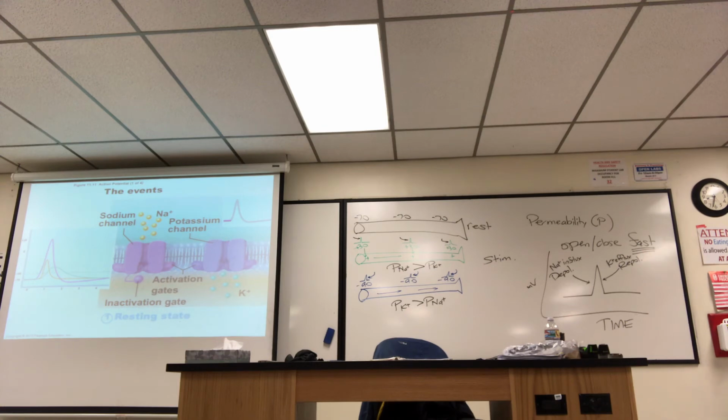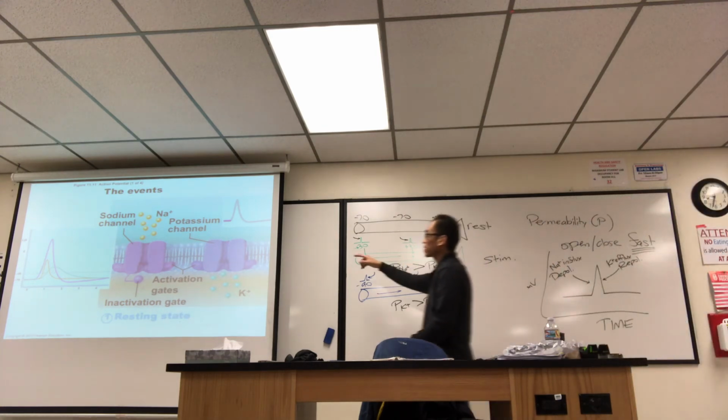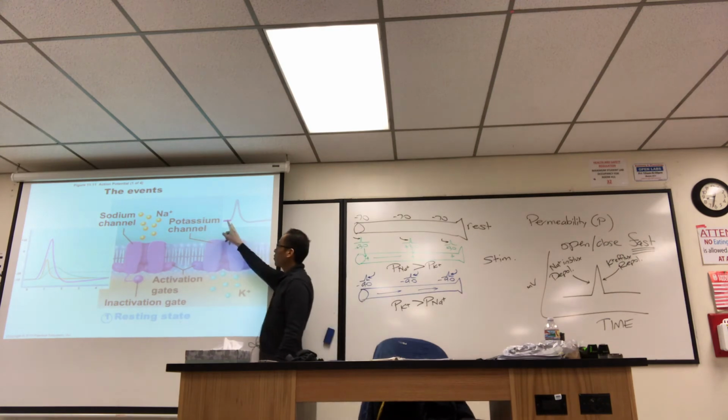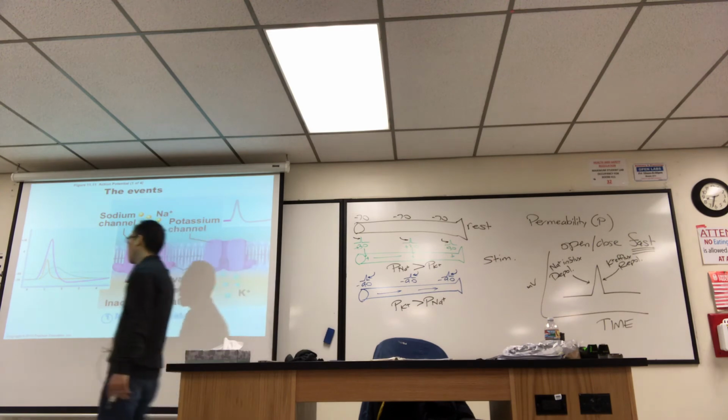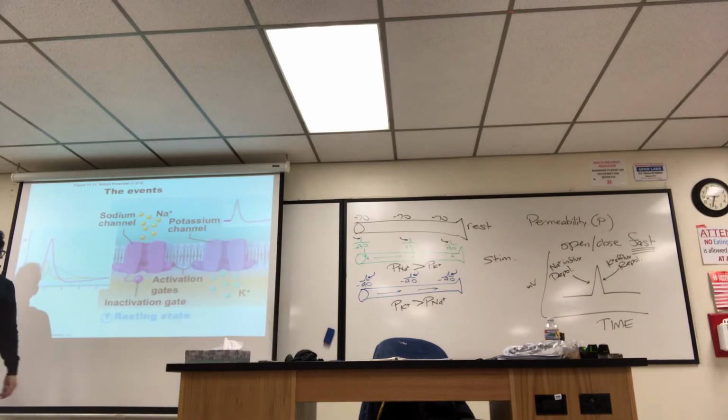All right, so what else do I have here on this picture? I have the action potential spike. What's highlighted in purple is the phase of the action potential I want you to talk about. I have pictures of the channels, the voltage-gated sodium and potassium channels. This is a double y-axis.